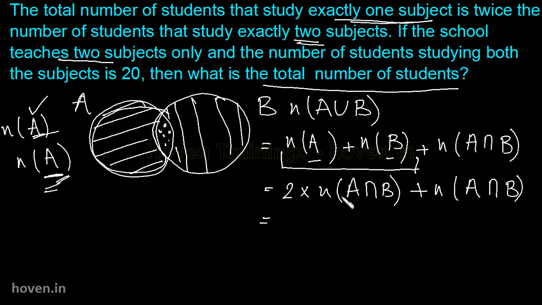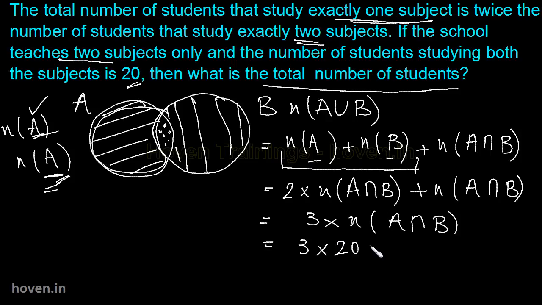So this is 2 and this is 1, so this will become 3 times n(A intersection B). Now is this given? The number of students studying both the subjects is 20. So both means intersection. So this is already 20 and therefore 60 is the answer for this one.